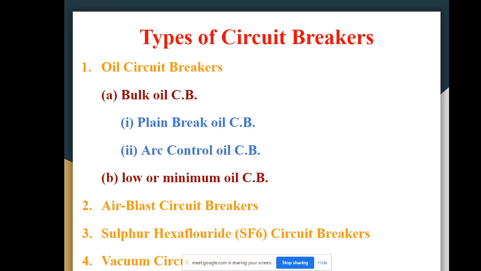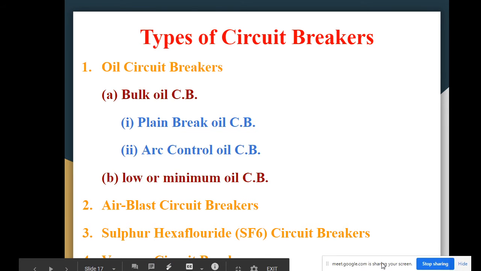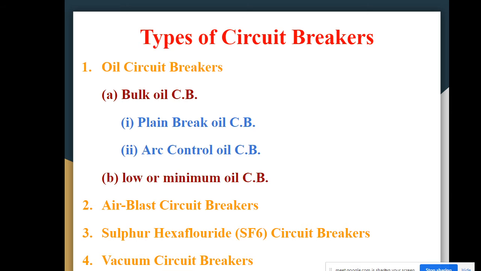One is the oil circuit breaker, second one is the air blast circuit breaker, third one is the sulfur hexafluoride circuit breaker. Generally in question papers and textbooks, they simply say SF6 circuit breaker, and then the vacuum circuit breaker. So these are the 4 types of circuit breakers that we are going to see as a part of your syllabus, and these are the different mediums.